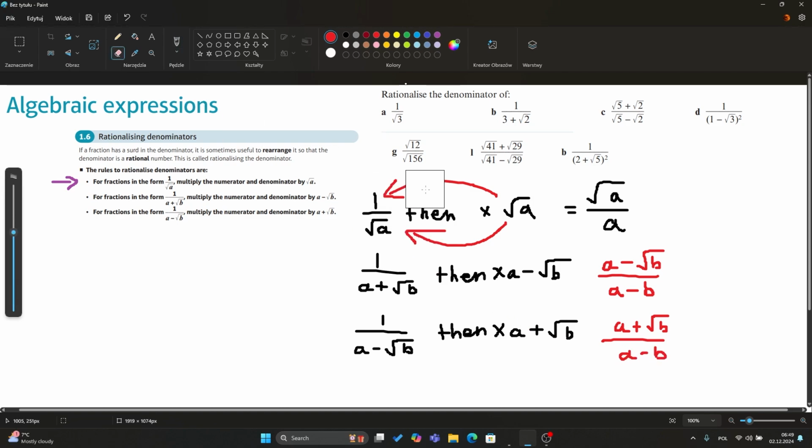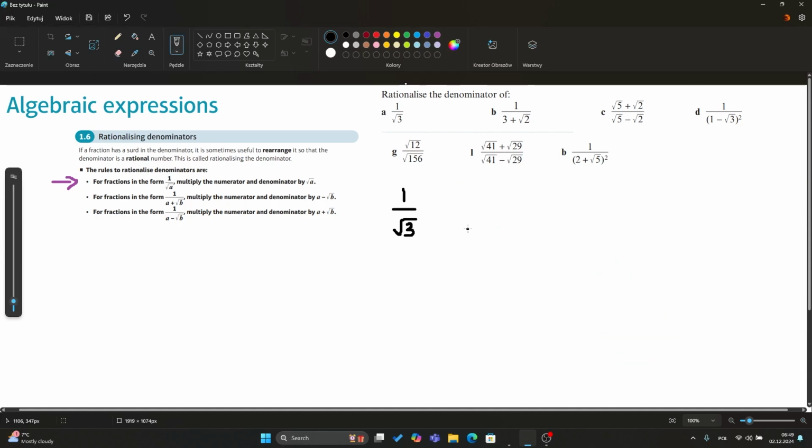Let's see this in practice. So if we have 1 over square root of 3, then we can multiply both sides by square root of 3 to have square root of 3, and square root of 3 times square root of 3 is 3, because we know that square root of a times square root of a is a.